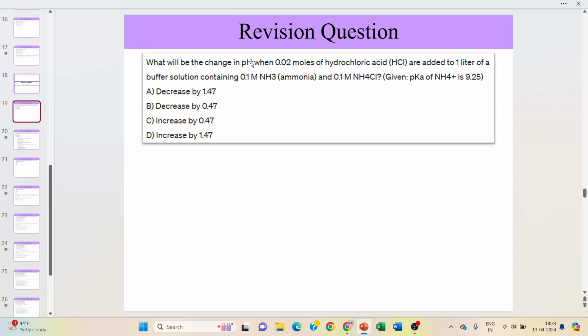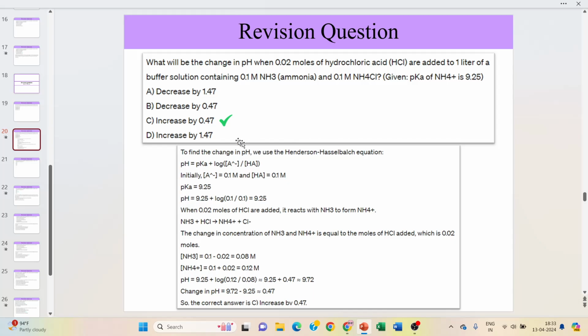So what will be the change in pH when 0.02 moles of HCl are added to 1 liter of a buffer solution containing 0.1 molar ammonia and 0.1 molar ammonium chloride? The pKa of NH4+ is given as 9.25. So let us have a look. The options are: decreases by 1.47, decreases by 0.47, increases by 0.47 and increases by 1.47.